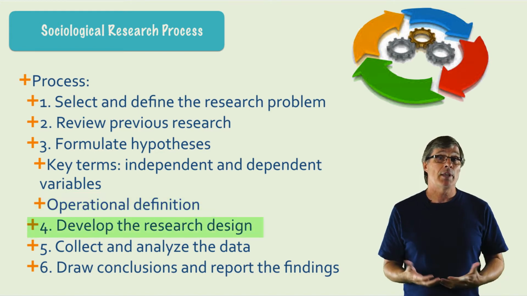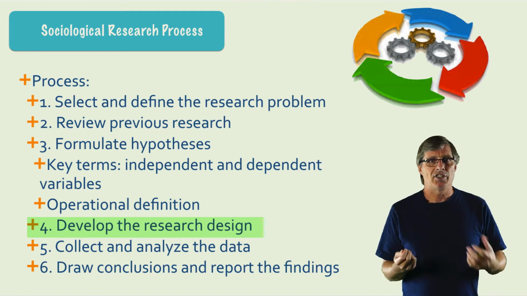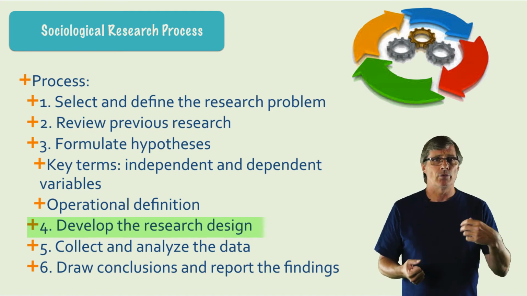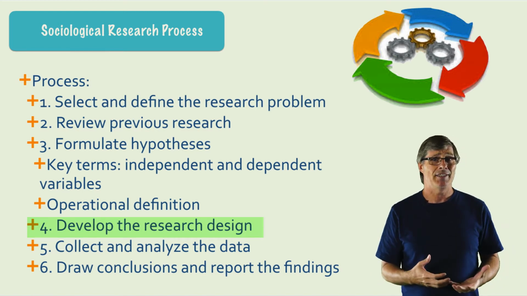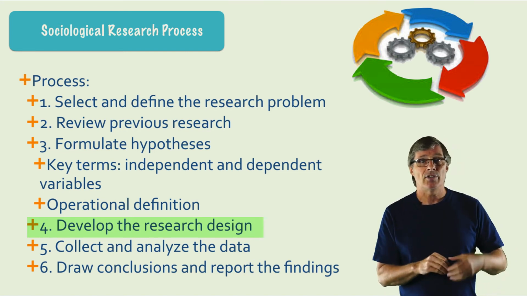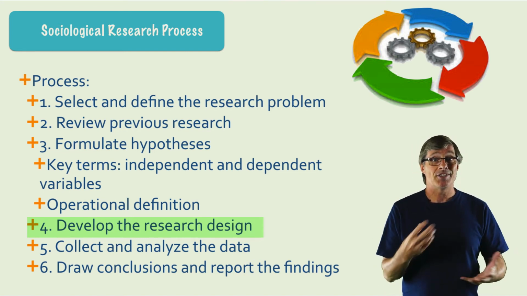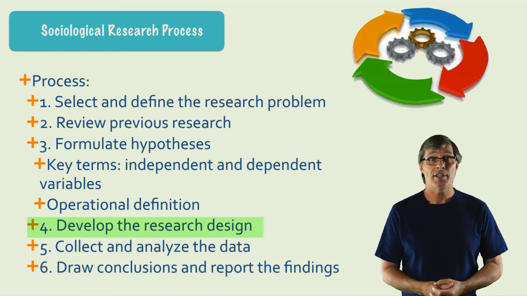Fourth is the development of a research design. Now, whether they're choosing experiments or surveys or field research or secondary analysis of data, the researcher must evaluate the strengths and the weaknesses of each before deciding on their research design to determine which would be the best for their design.